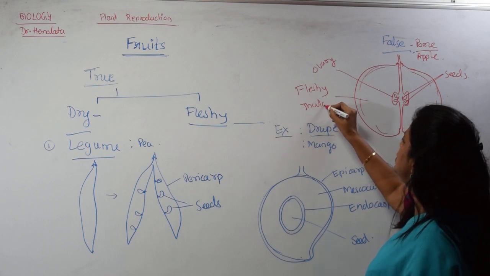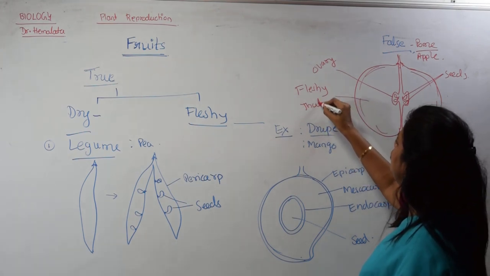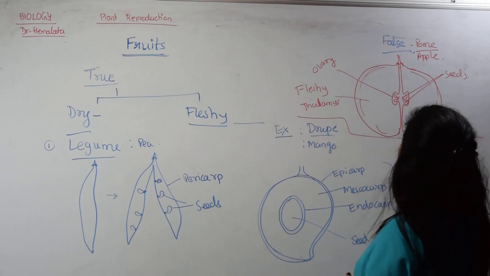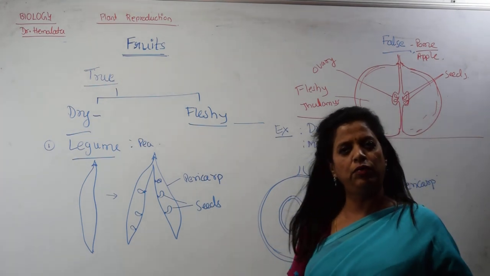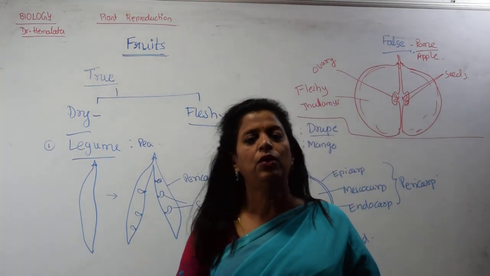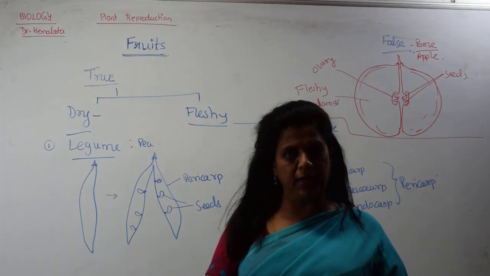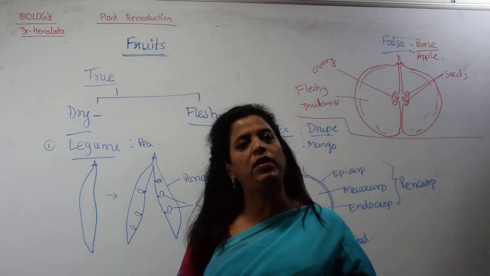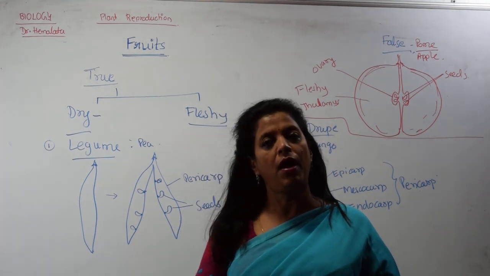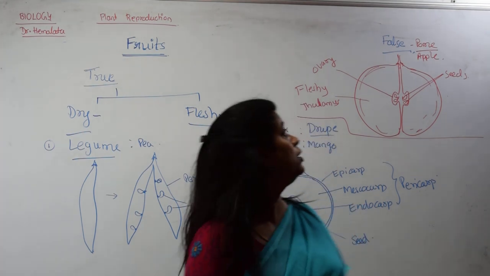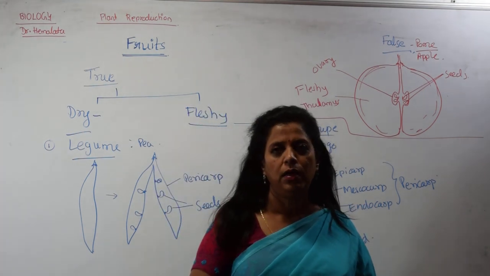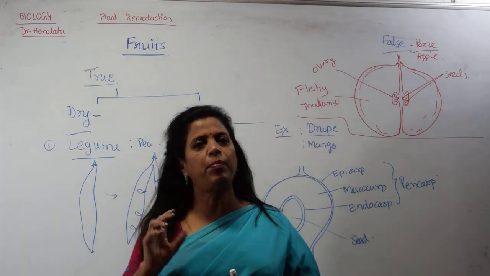Therefore, it is called the false fruit. Why? Because its edible portion is not the fruit, because we are not going to eat that. Only the thalamus is edible, and that becomes fleshy and thick, and that is why we call the apple fruit a false fruit. It comes under the group pome. Pome is the name of the fruit and the example is apple.